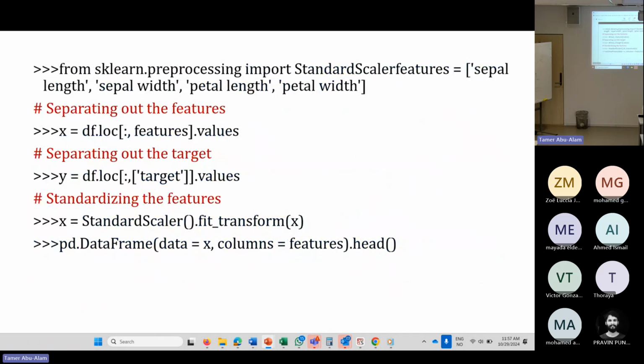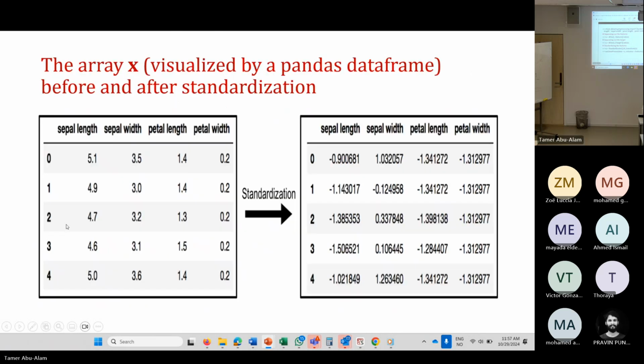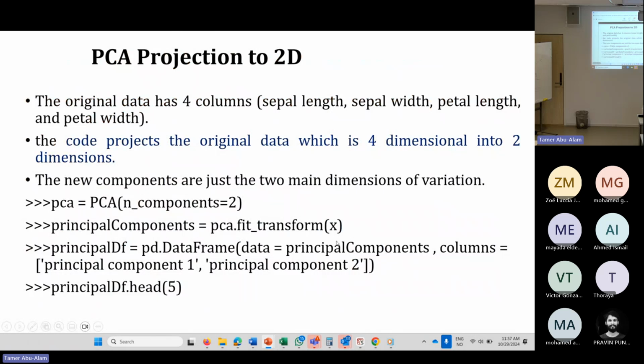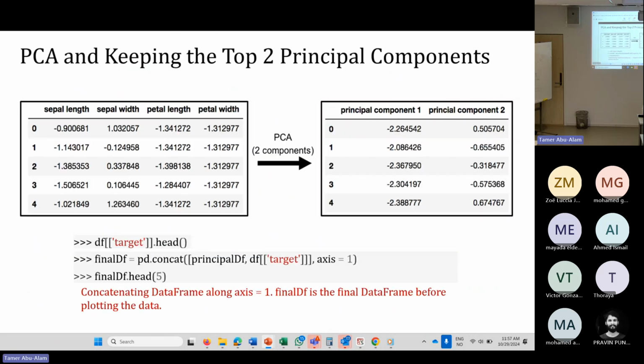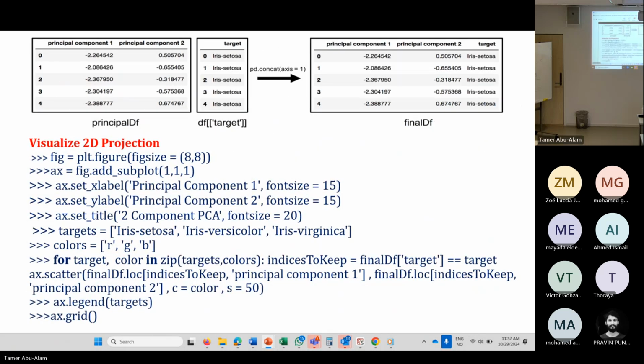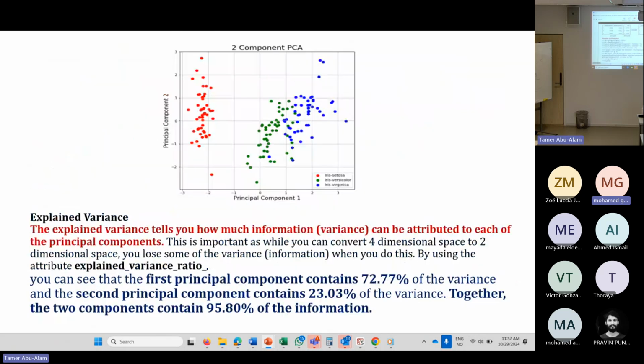Okay, and save the new data in a new data frame called X, which is this one. Then make the principal component analysis. So actually, all of today's lecture is just one line. This one, you see, principal component equal to PCA fit transform X. This is our lecture today. This line, easy. Okay. Then make the plot. Then see the plot.